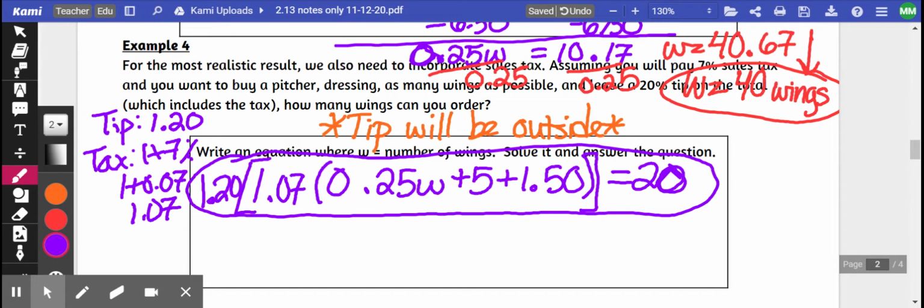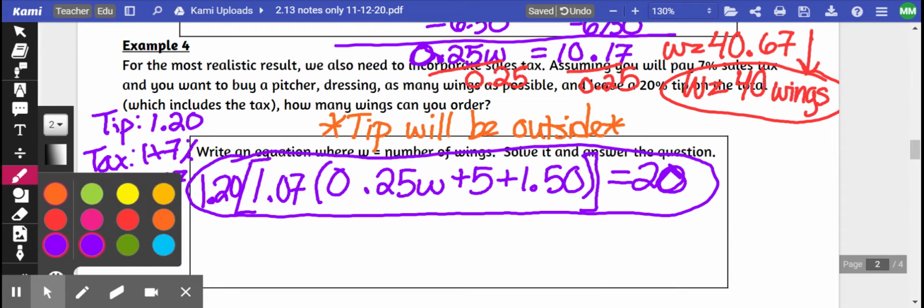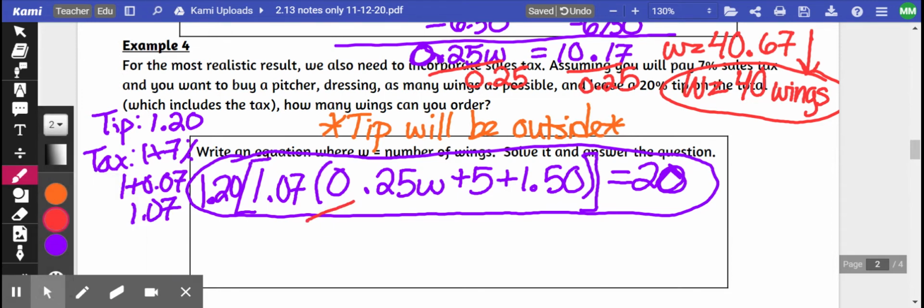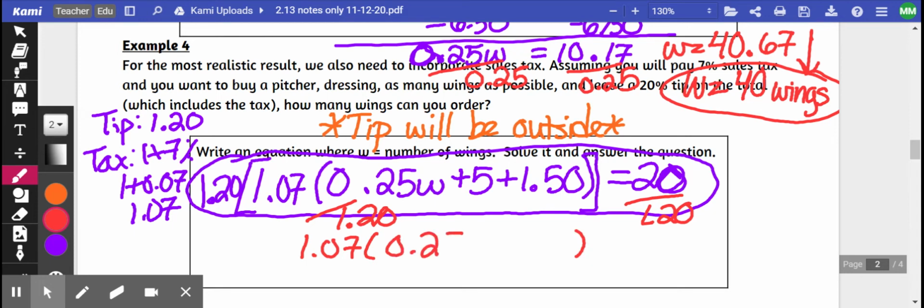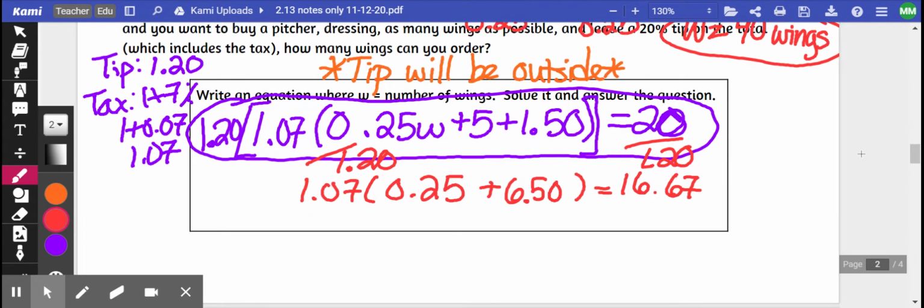To solve this, I'm going to undo what's being done first to everything. So I'm first going to divide by 1.20. So I get 1.07 times 0.25W plus 6.50 and that is equal to 16.67.